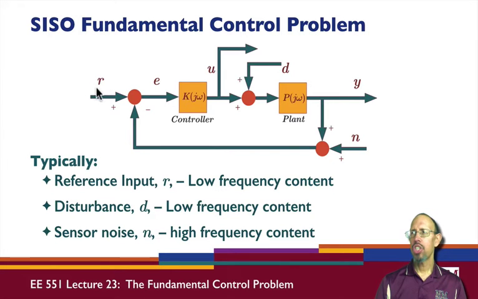We're not expecting R to change quickly, and so we're not expecting Y to change quickly. Generally speaking, we think of the reference input as being low frequency content. The disturbance input we're also going to think of as low frequency content. It could have high frequency content, but generally we think of it in terms of low frequency content.